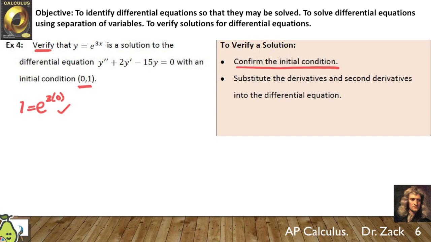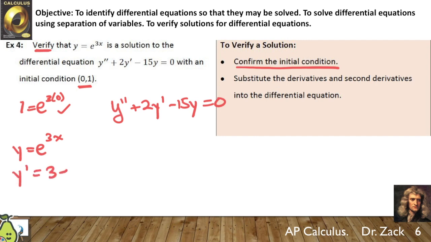Now, we're going to substitute the derivatives and second derivatives to see if the equation y double prime plus 2y prime minus 15y equals 0. So in order to do that, we need to find y double prime so that we can substitute. We know that y prime is 3e to the 3x, and y double prime is going to be 9e to the 3x.